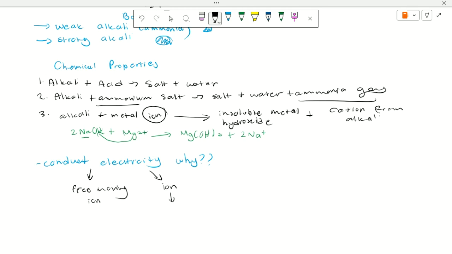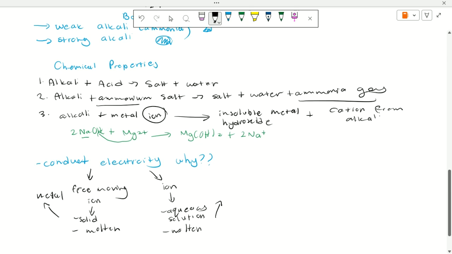Ion can conduct electricity in aqueous solution and molten. Free moving electron can conduct in solid form and molten, for metal, by the way. Oh no, free moving, sorry.